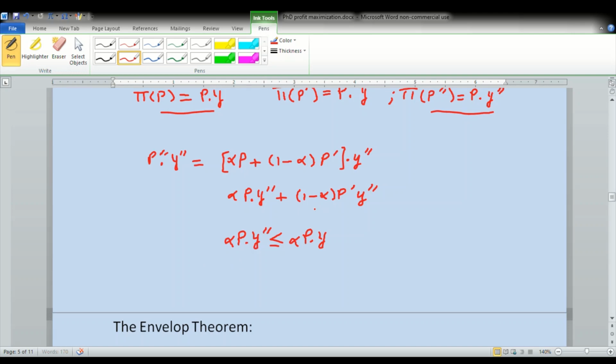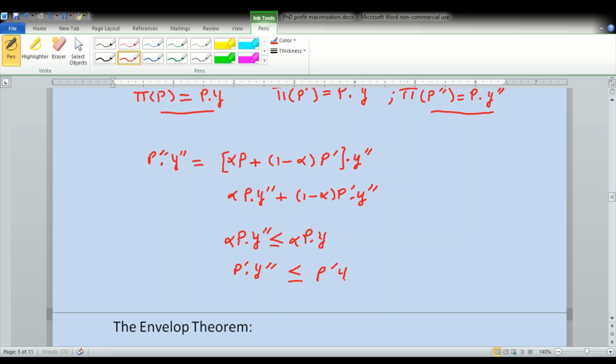Similarly, now I am using this second term. I know that p dash dot y double dash is less than or equal to p dash y dash.